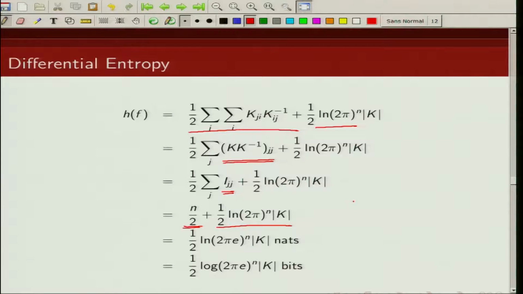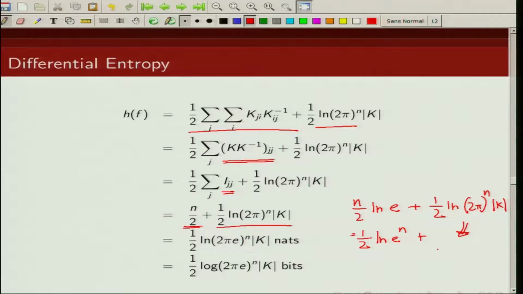Now n by 2 I can write as n by 2 natural log of e, and then I have this term which is half of natural log of (2 pi)^n and determinant of K. This I can also write as half of natural log of e raised to power n plus this term.